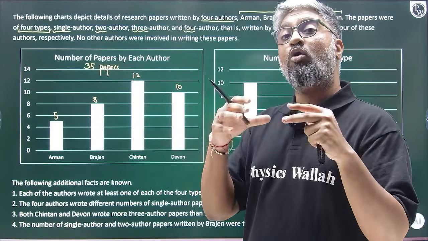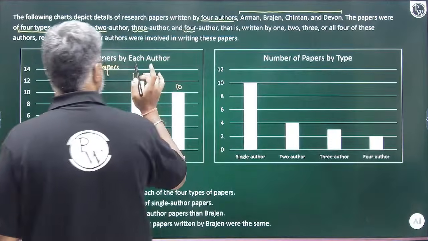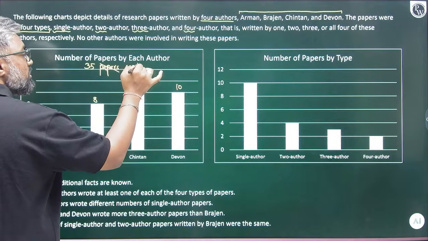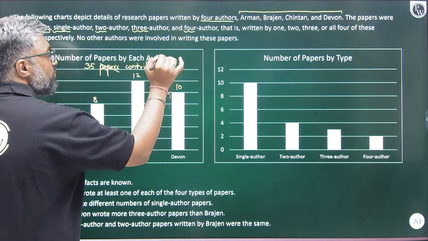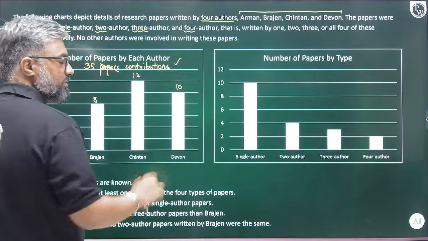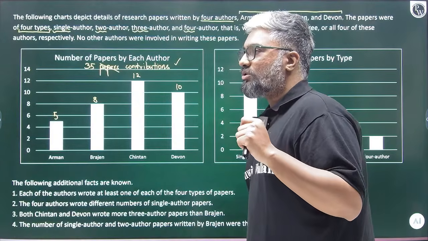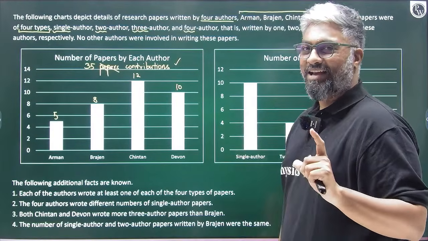So there are some common papers as well. You need to understand, there are not 35 papers; rather there are 35 contributions in total. Got it? 35 contributions in total. This is correct. Good to go? Clear? Yes, correct. That's why Venn diagrams are involved in it.